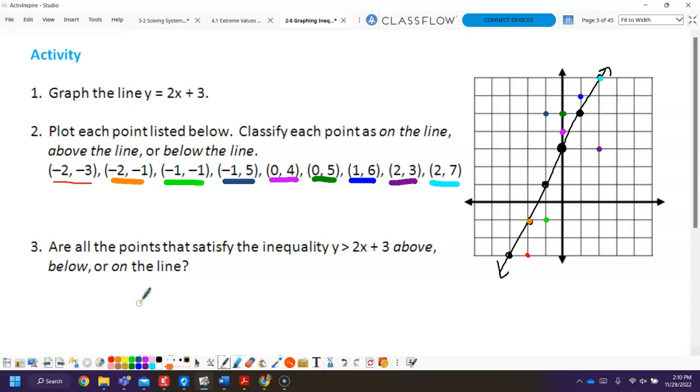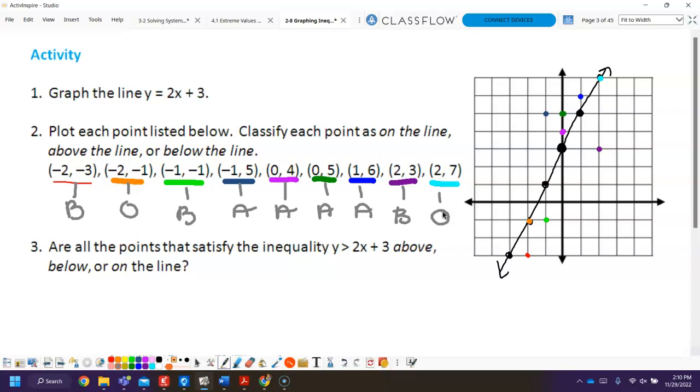So we have several points above, several points below, and 2 points on.